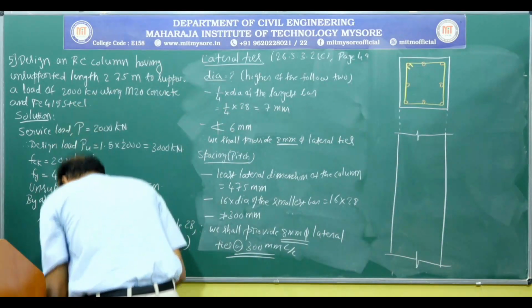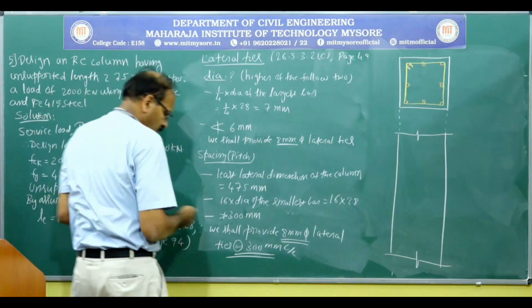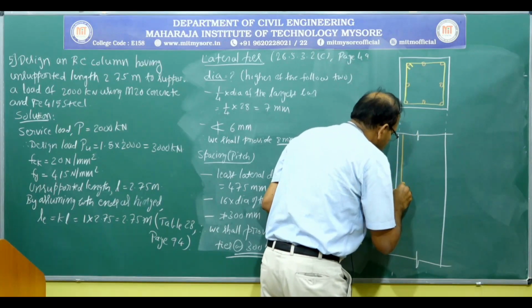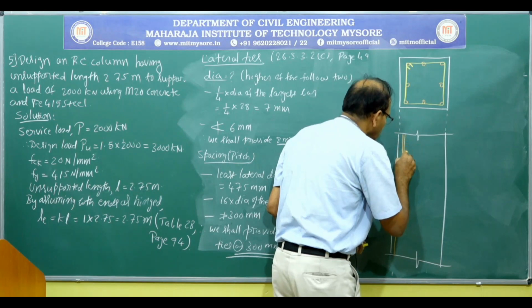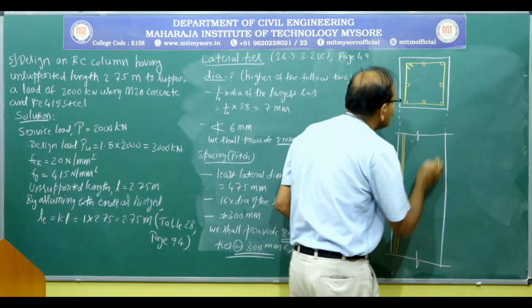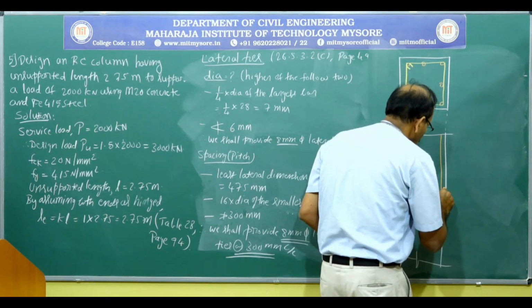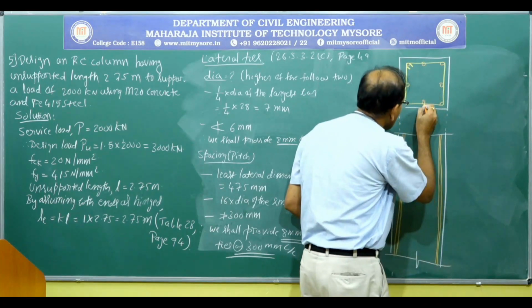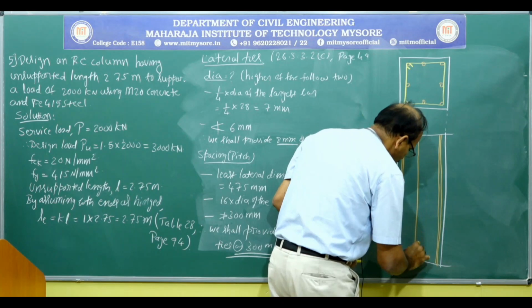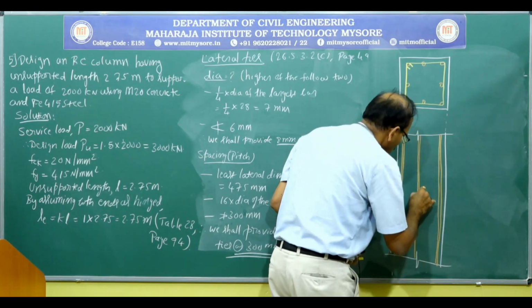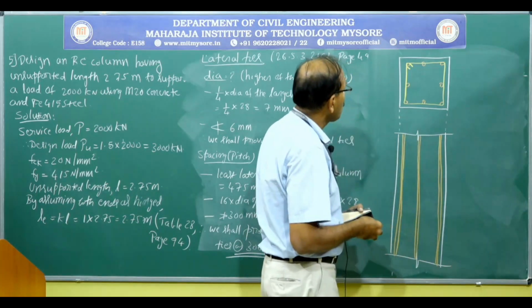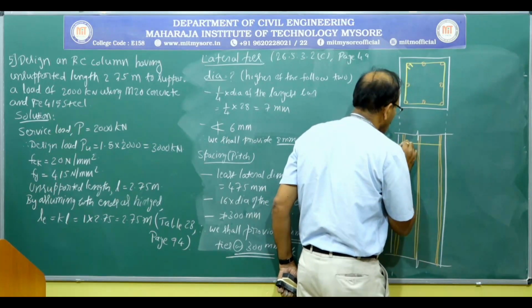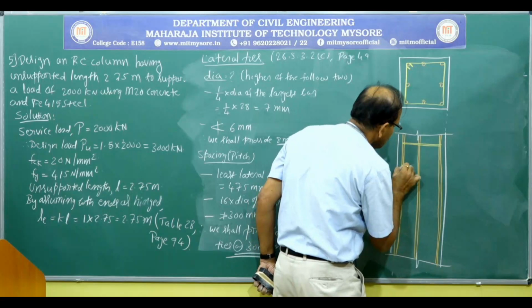Okay, and these are the main bars or longitudinal bars. And the lateral ties go like this.